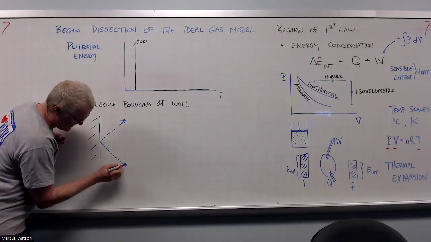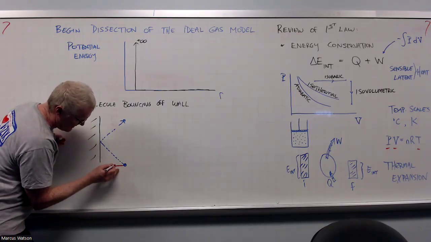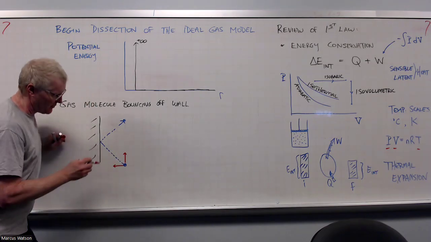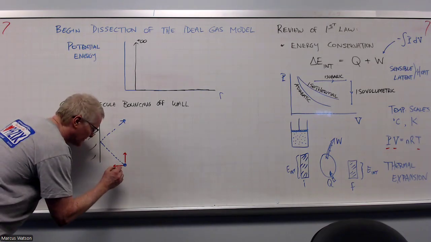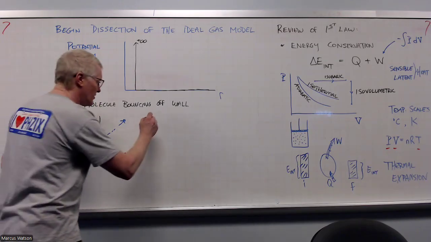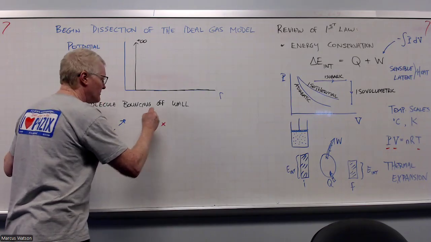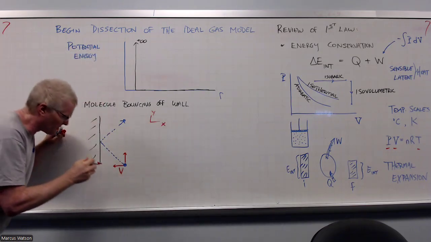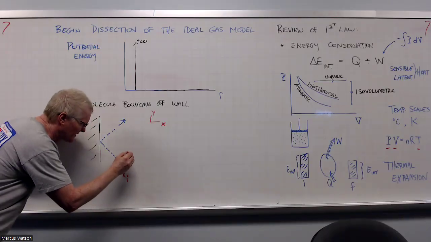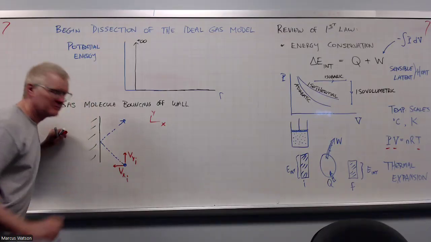If I were to draw the velocities for this thing, the velocity would be a little bit this way and a little bit this way. Let's throw a standard set of XY coordinates on here. So this is Vx initial, and this is Vy initial.